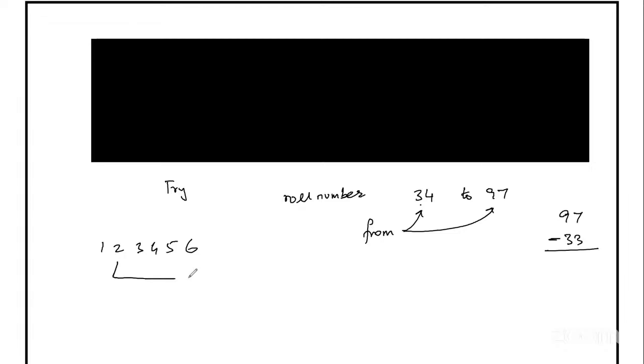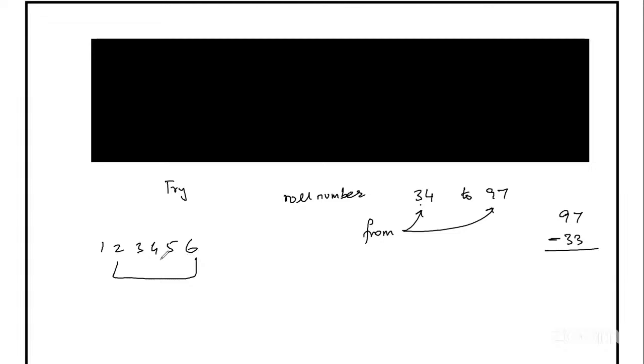So what you do is you take 97 and subtract 33 from it, because you have to include 34 and 97. Now whenever you don't understand these things, take a smaller set like 1, 2, 3, 4, 5, and 6. So if you were to consider roll number 2 to 6, from 2 to 6, there are how many students? Correct.